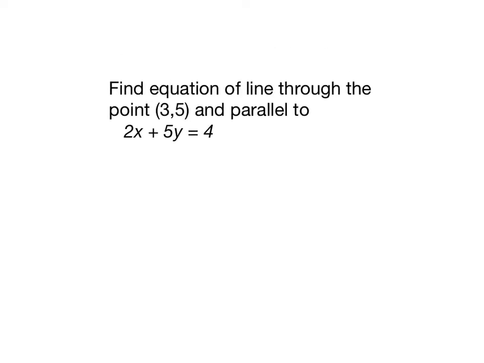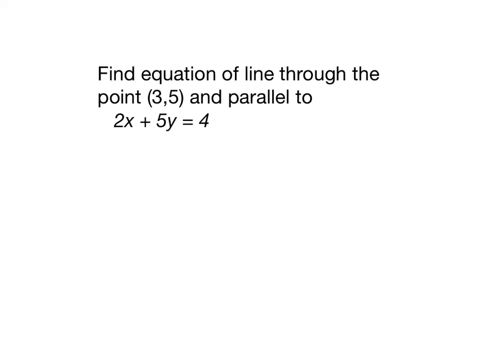Now, if it wants us to find an equation of the line through this specific ordered pair and parallel to this equation, the first thing we need to do is realize that parallel lines have the same slope. So I need to find the slope of that line. Once I find the slope, that will be the m that I use, and then I'm going to use that ordered pair as my x1, y1.